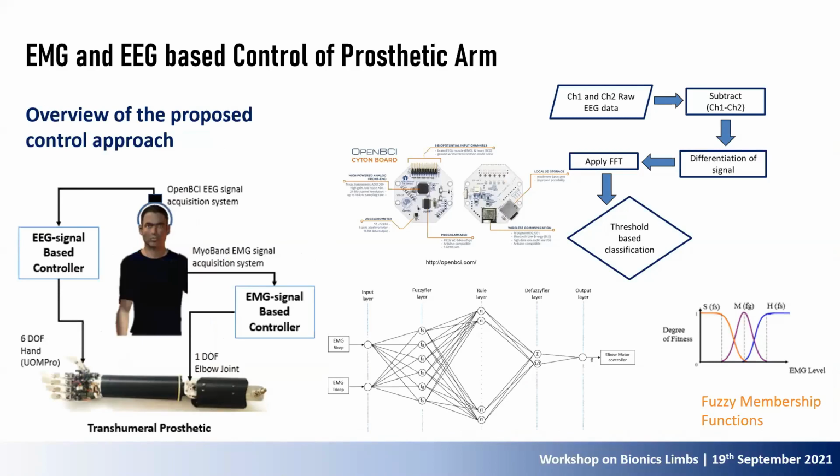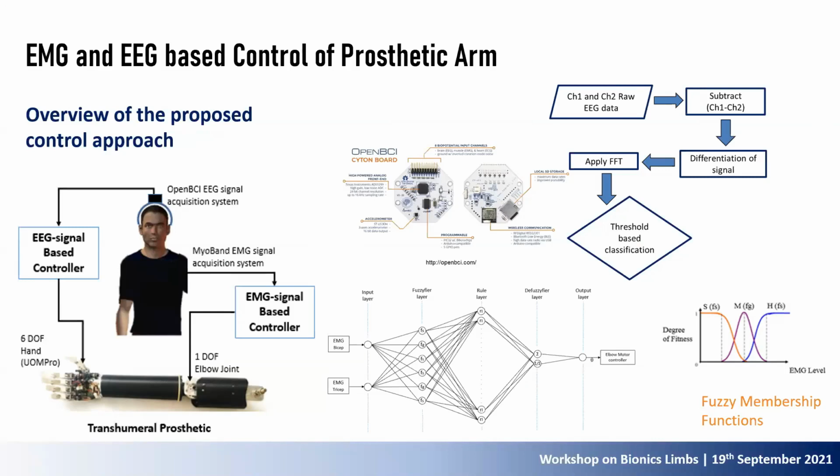We use a Myoware EMG system to capture the EMG signals of the biceps and triceps of the user to control the elbow joint motion of the transhumeral prosthesis. To map the EMG signals to elbow angles, we designed a real-time neurophysical classifier, as shown in this simple figure. And in order to control the prosthetic hand, or Pro, we proposed an SSVEP-based BCI.